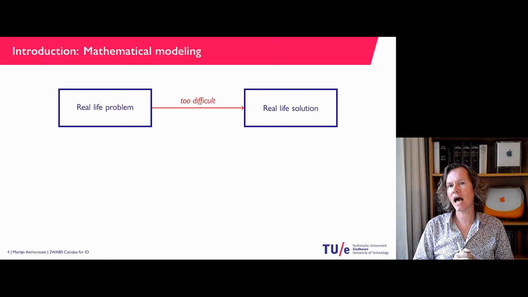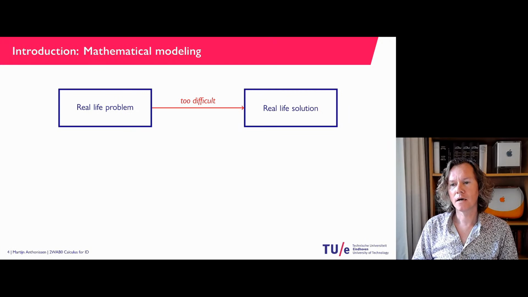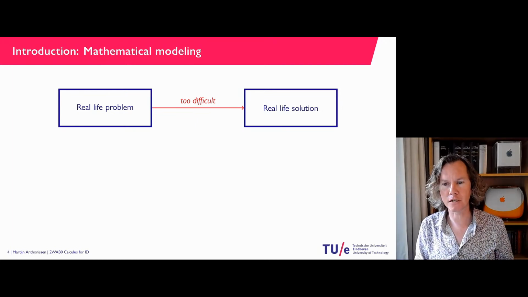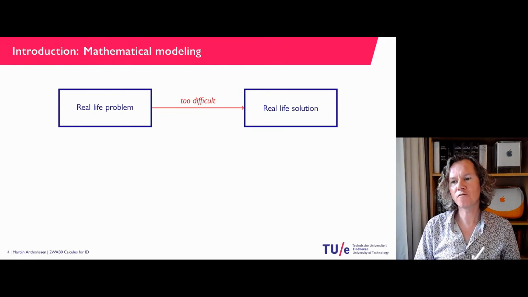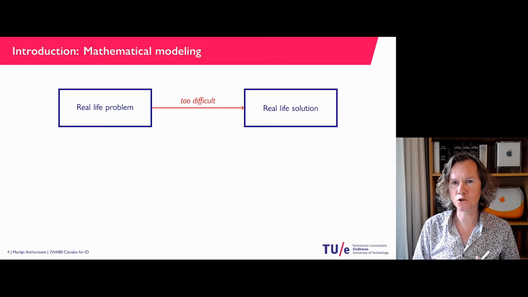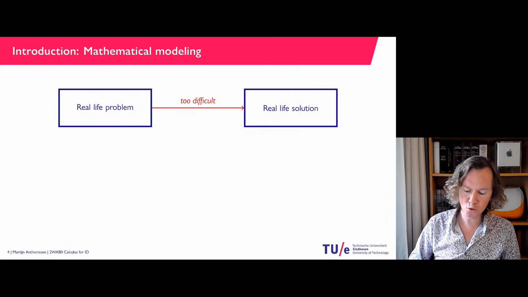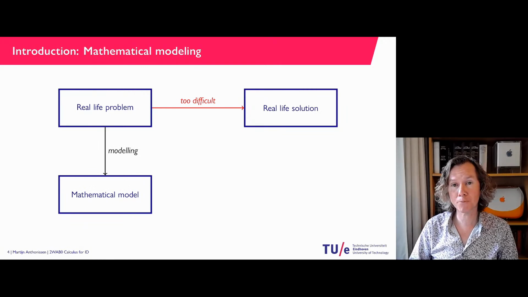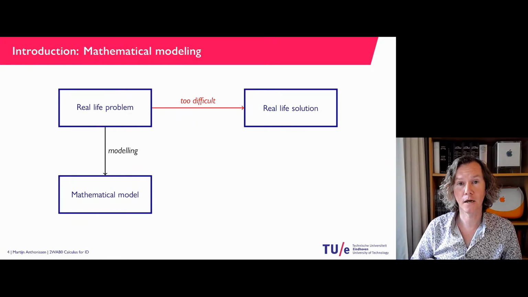Very often if you have a real life problem, it is hard to solve it directly. So think of a technical problem that a company like ASML or Philips is dealing with. Now, if it is too difficult to find directly a solution to that, one of the tools that you have is to try and model it. So can you capture the problem that you have in terms of mathematics?